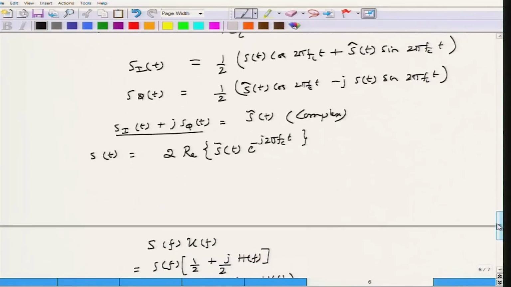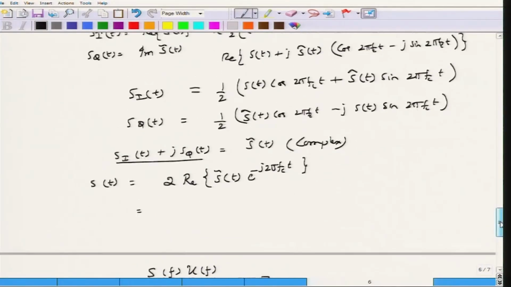So, if I were to just substitute for the complex envelope here and write this as si of t plus j sq of t, and then write down this e to the power minus j 2 pi f c t, I will be able to obtain what is s of t.